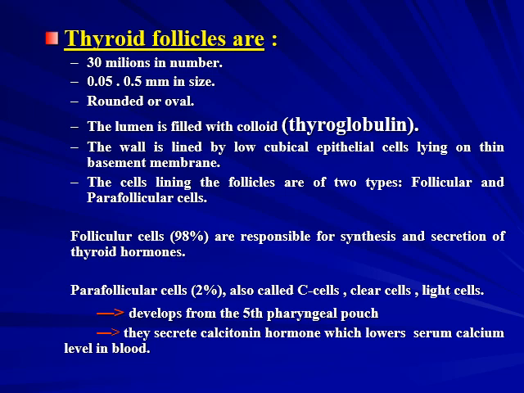They constitute 2% of the cells. These develop from the fifth pharyngeal pouch, and they secrete the hormone calcitonin, responsible for lowering the serum calcium level in blood. These cells are the origin of the medullary carcinoma of the thyroid gland, which is the only functioning thyroid tumor.